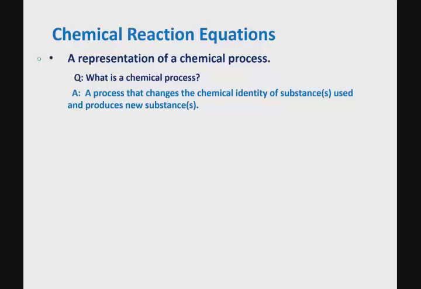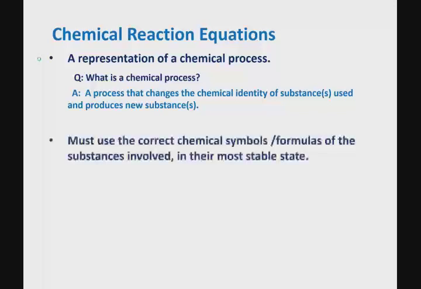Any process that involves consumption of whatever we started with and creation of new substances is called a chemical process. A chemical reaction equation is basically a representation of a chemical process, a quick way of writing whatever is happening during a chemical process.